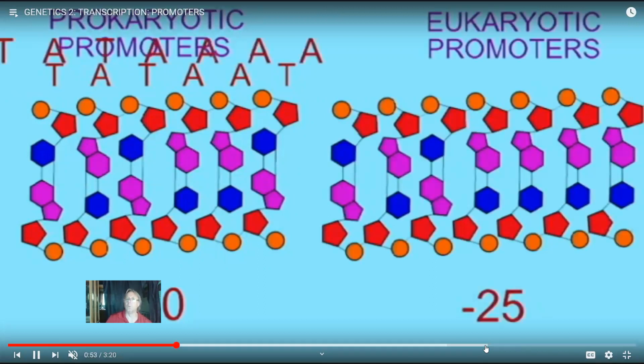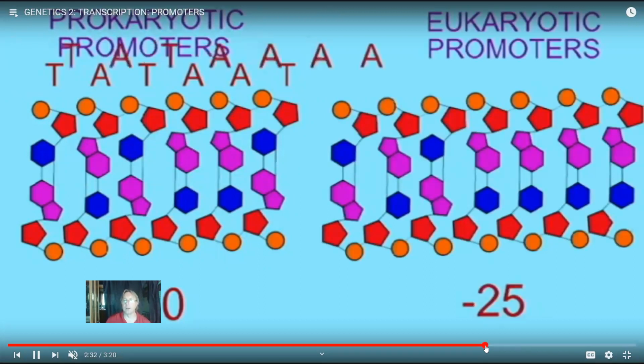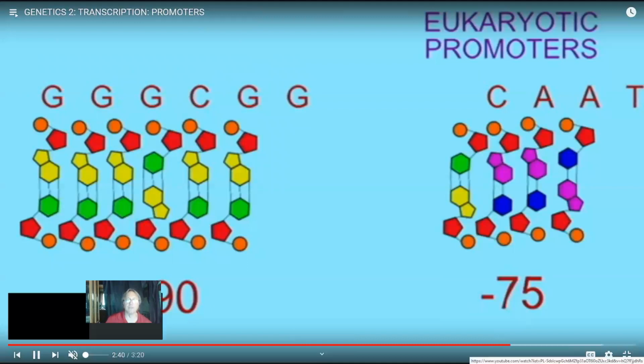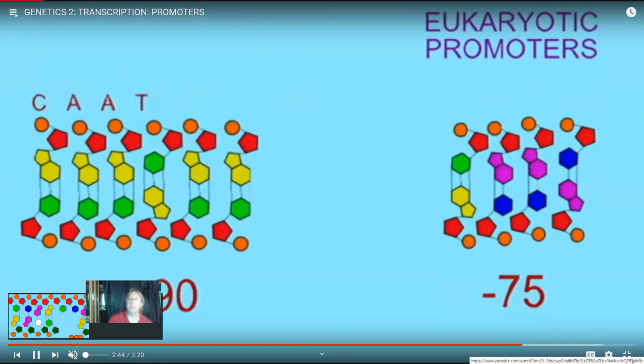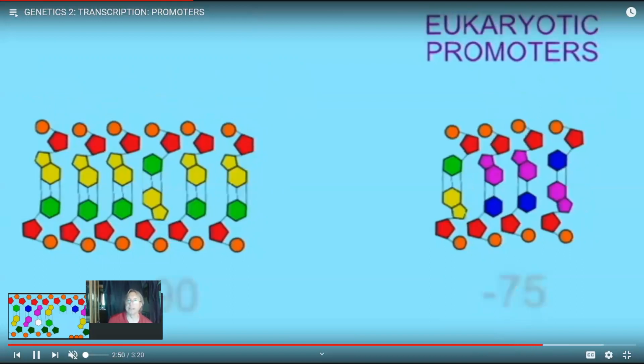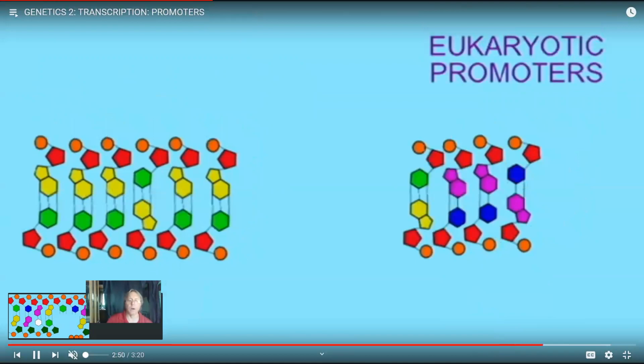So when your cellular mechanisms come across promoters, which essentially say a gene starts here, we can start the process of transcription. And in transcription, we unzip the DNA and make an RNA photocopy of one of the strands. It is the RNA which will then leave the nucleus and go out into the cytoplasm where the protein will be made.